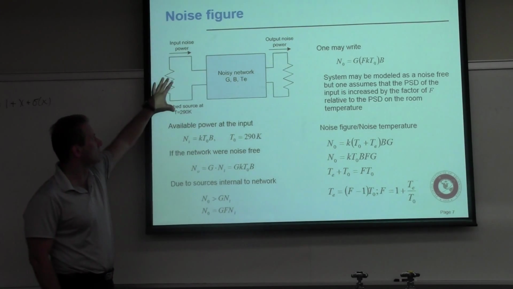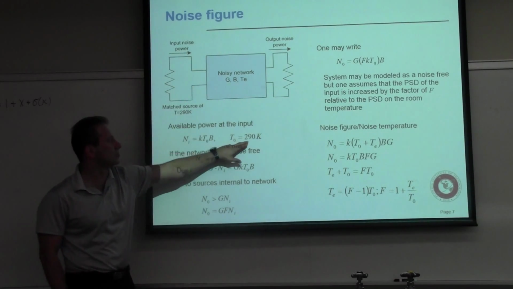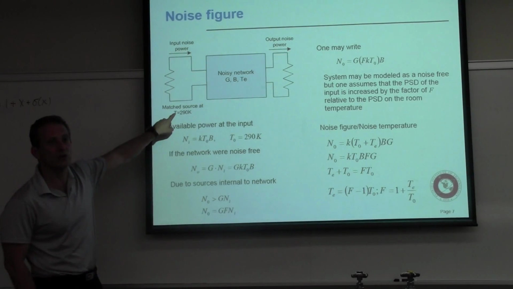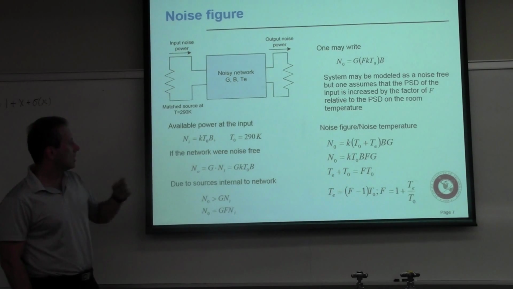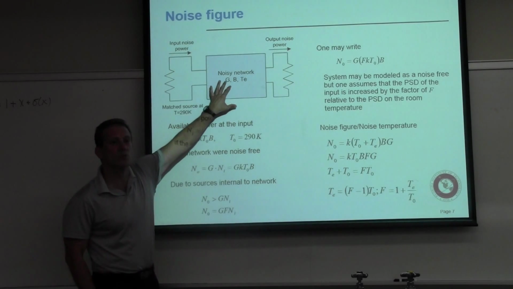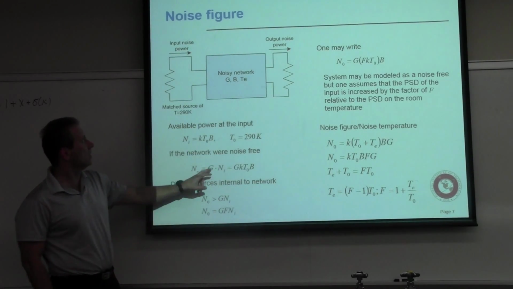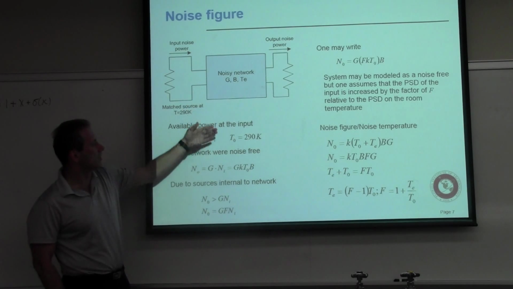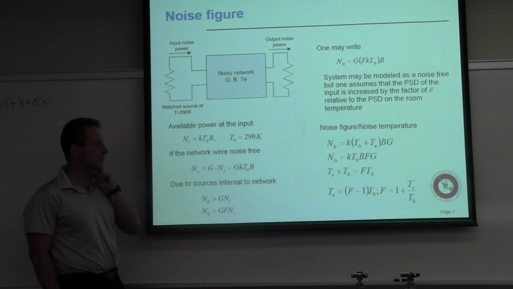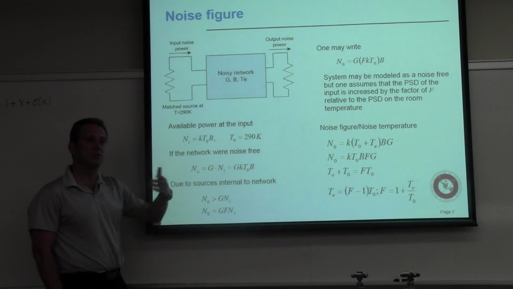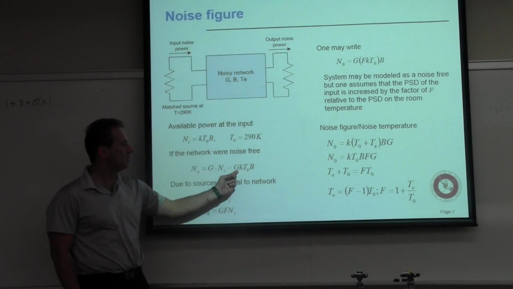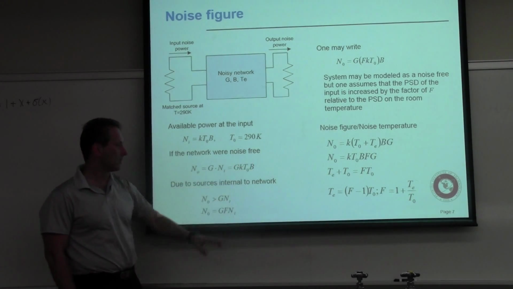That's the power generated by this source, where T0 is 290 kelvins, this reference temperature, which for some reason I didn't put 0 here, it should be 0. Now the output, if this network was noise-free, would be just the gain applied to whatever power this source is injecting into this two-port network, right? If the network is noise-free, it would just amplify the noise, and whatever comes out is going to be gain G times k T0 times B.